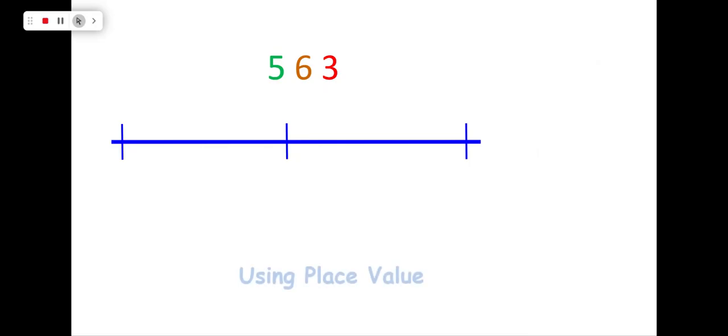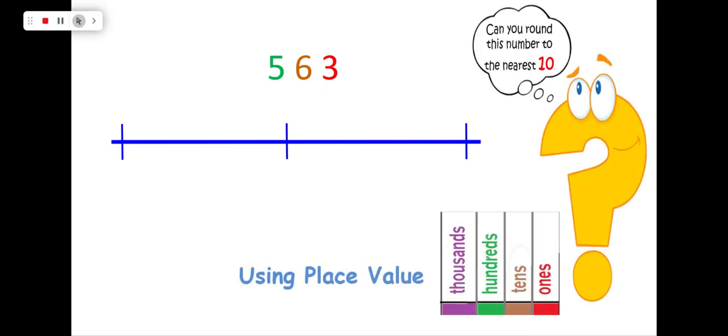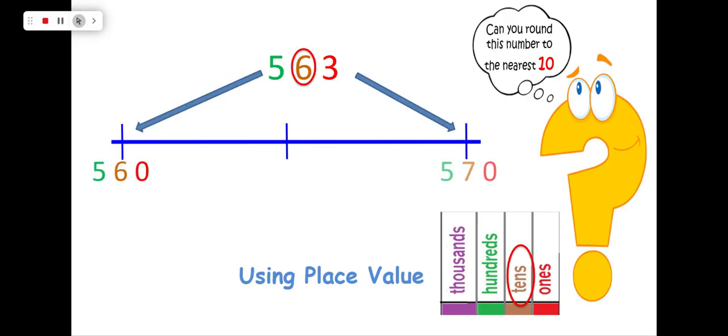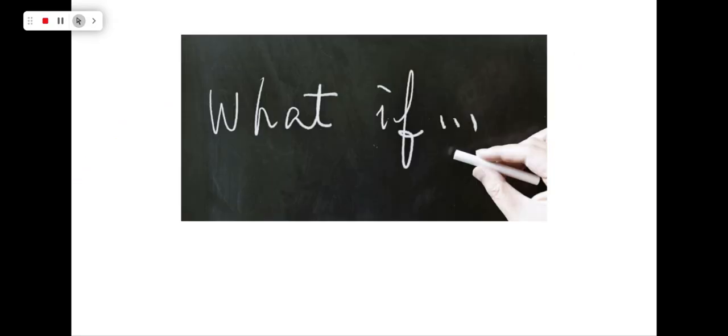Now let's take 563. 563 is between 560 and 570, but it's less than 565, which is the halfway point, which makes this closer to 560.